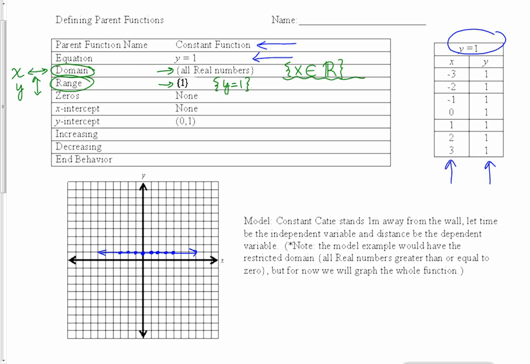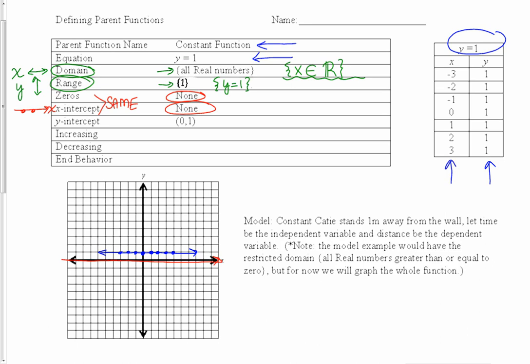Okay, we have some more information. The next two things I ask for are the zeros and the x-intercepts. These are the same thing. Remember, my x-axis goes this way, so my zeros or my x-intercepts are where I hit that x-axis. In this graph, if I look along my x-axis, my function never touches it. So I write none for both the zeros and the x-intercept.